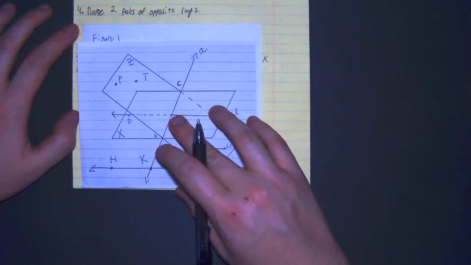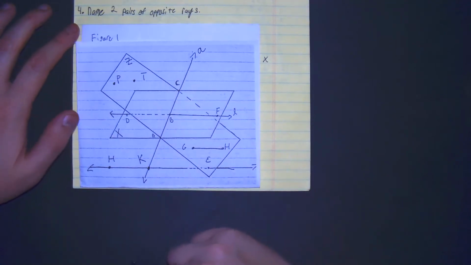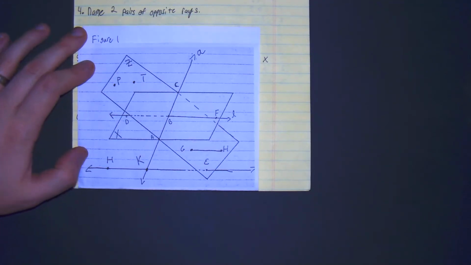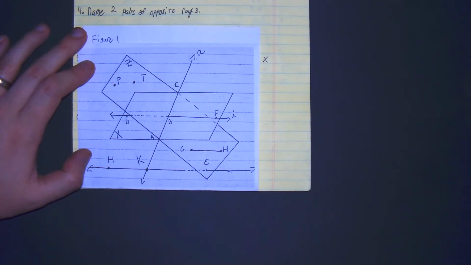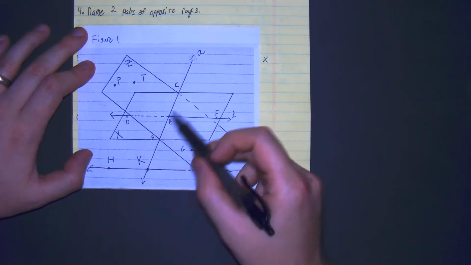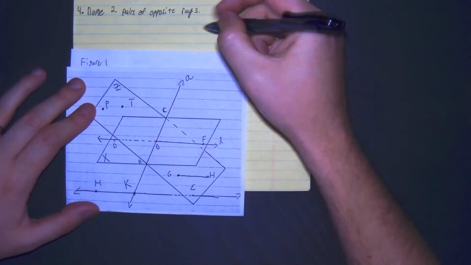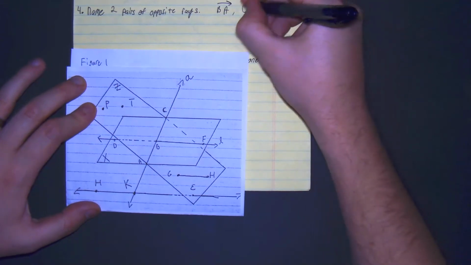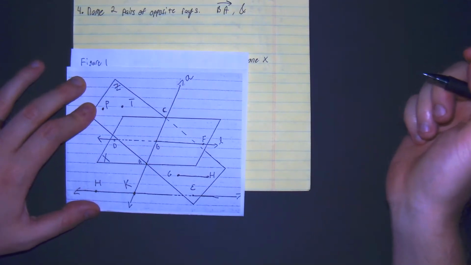Number 4 says, name 4 pairs of opposite rays. Remember, opposite rays have the same exact endpoint. They go in opposite directions. So, I'm going to use this as our starting point. We have our first pair, BA and BC.